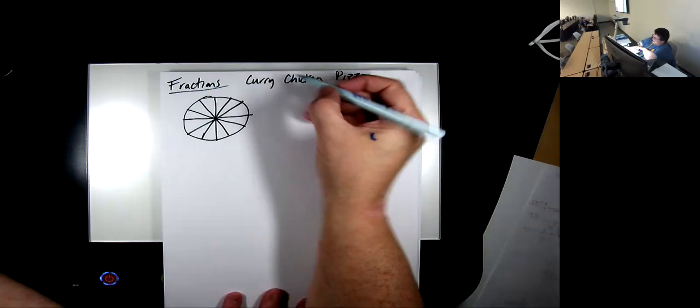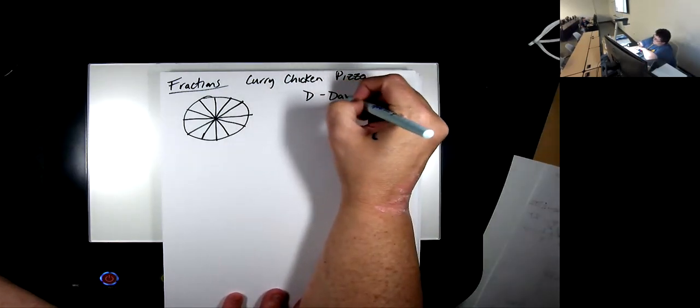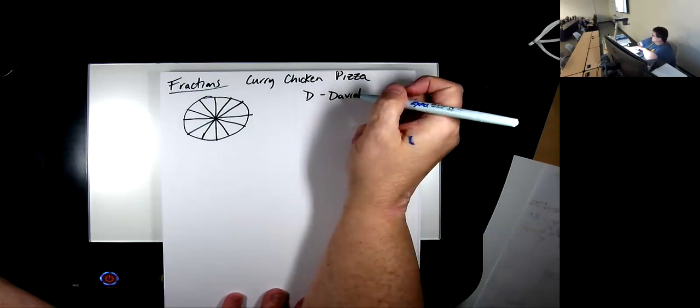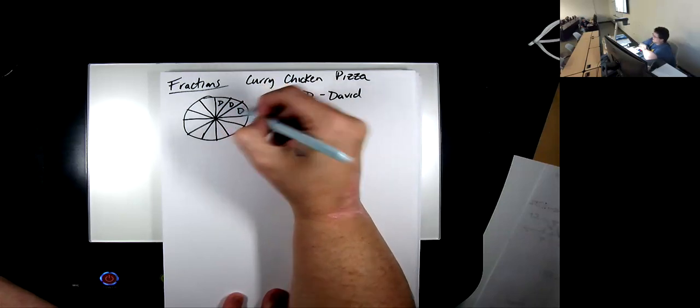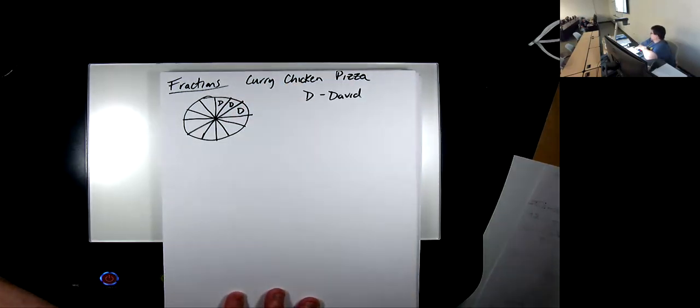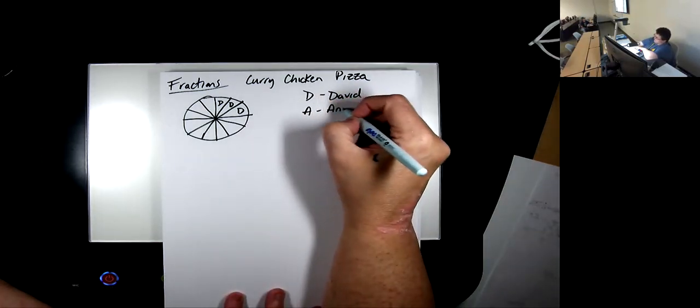All right, so let's say David is going to have, if it's a large pizza, I'll probably eat 3 slices. My wife, Angie, will probably only eat 2.